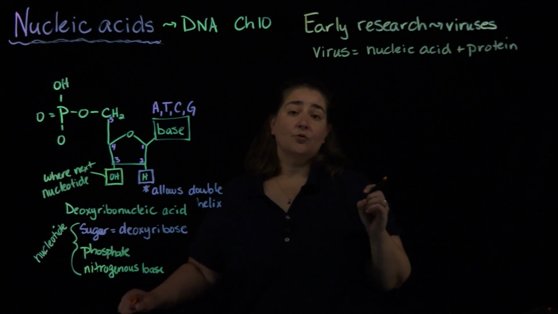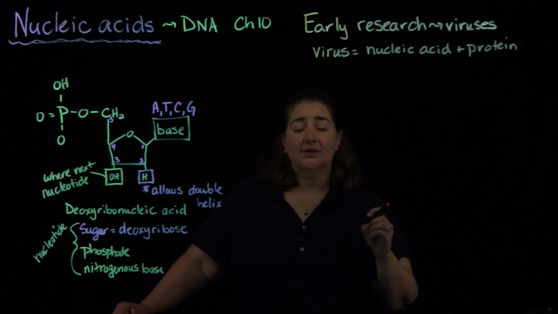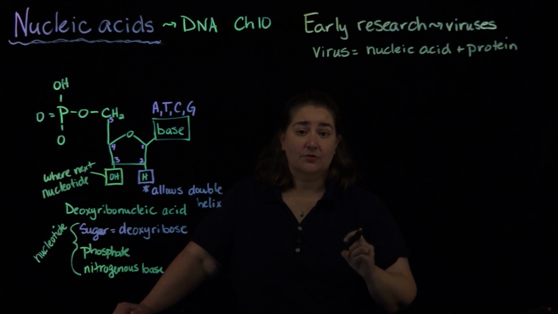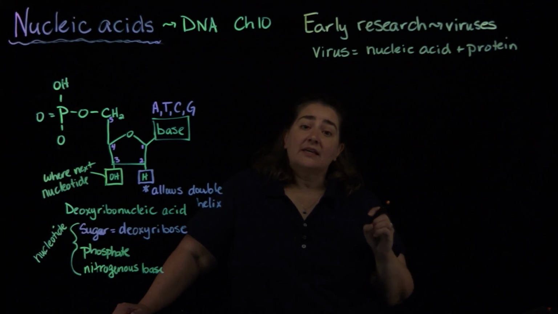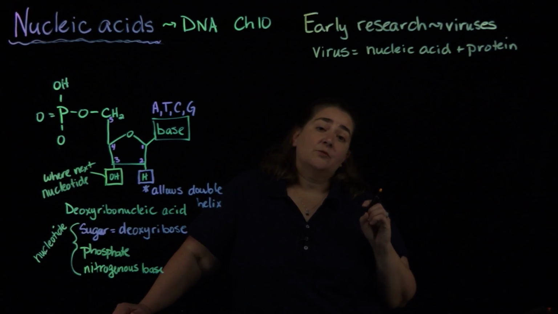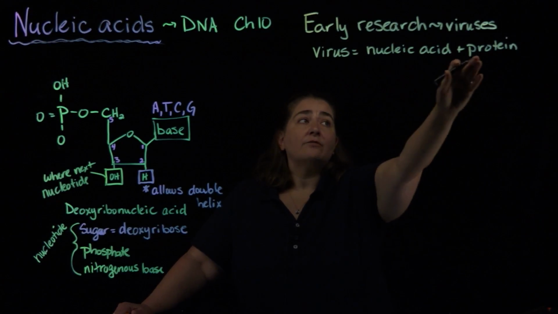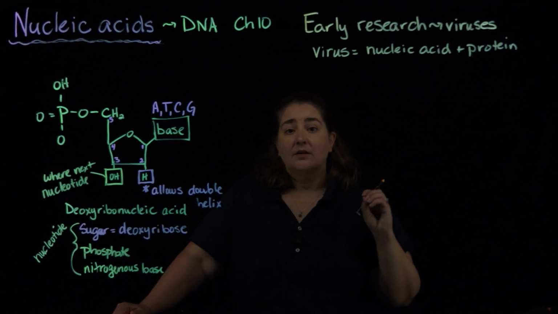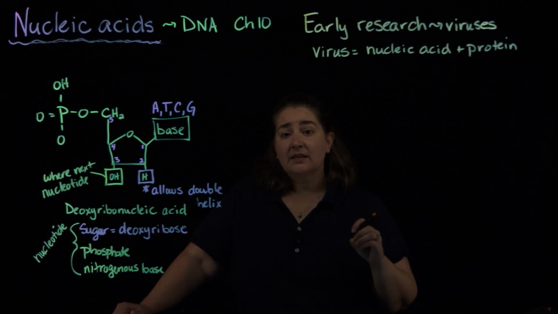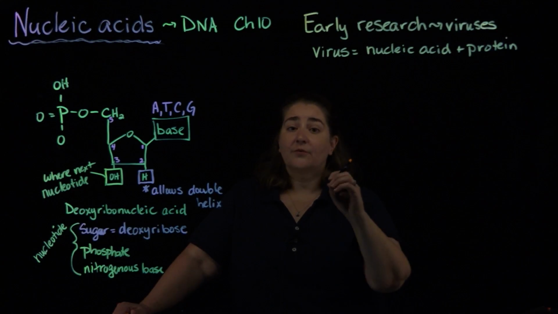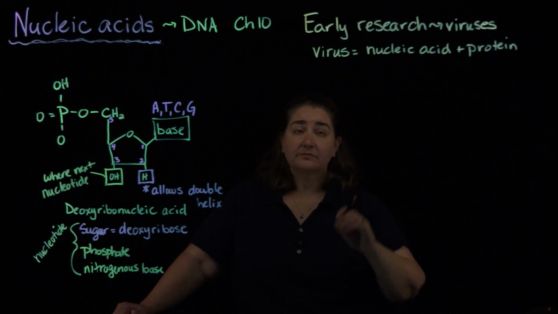And this was known way before the actual structure of DNA was discovered, okay? Based on that virus being made up of nucleic acid and protein, scientists knew that one of these two macromolecules had to be the genetic information that was passed on from parent to offspring.